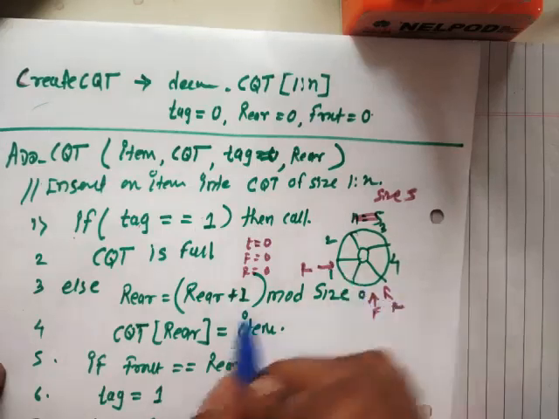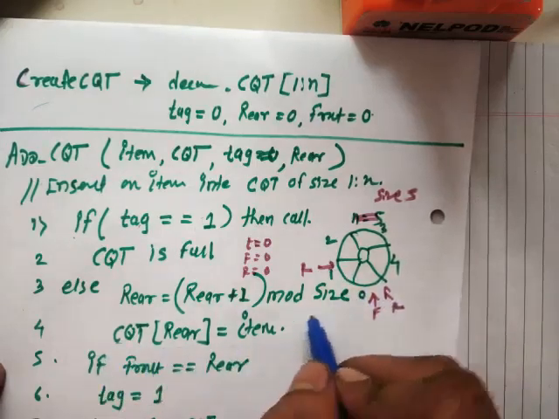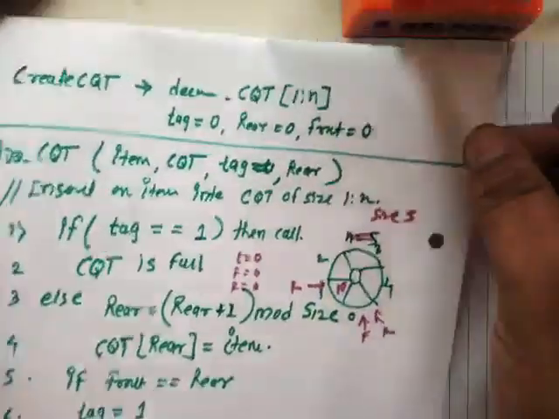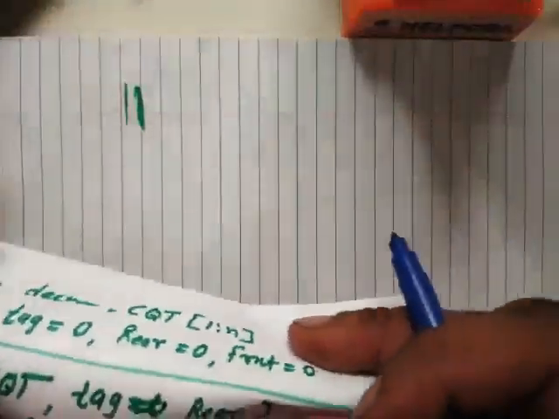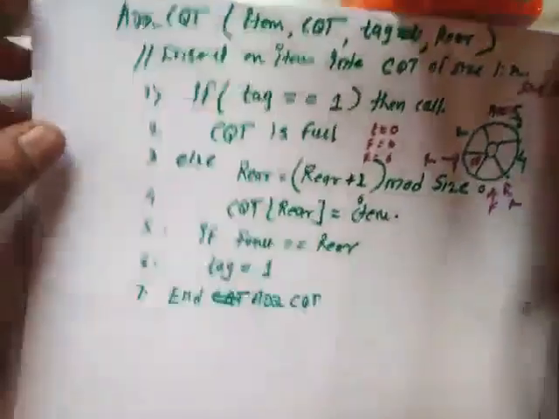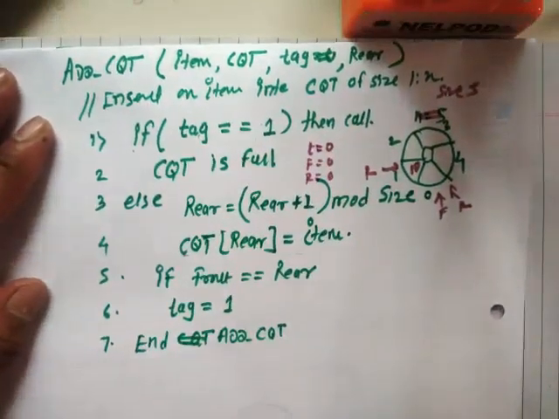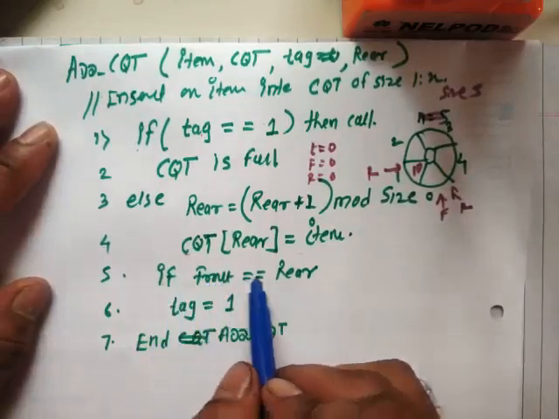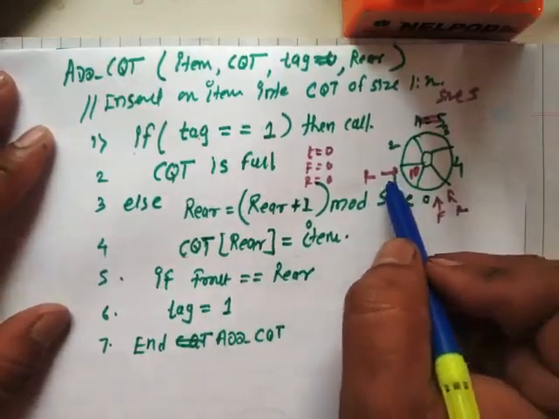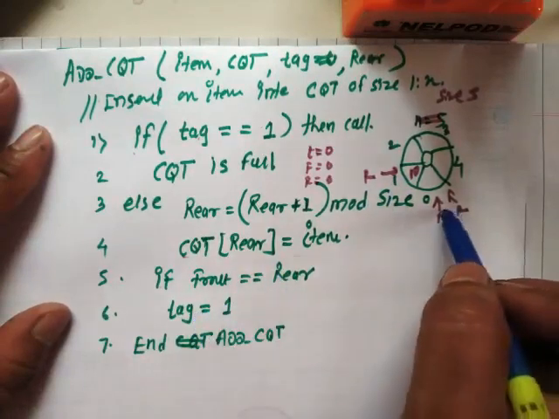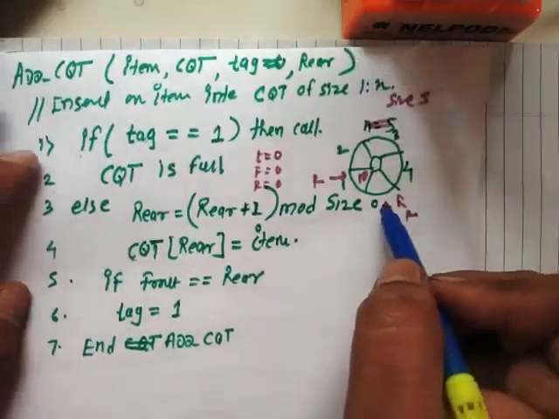At index 1 we insert the element, that is 10. Then we check if front is equal to rear. The value of rear is 1 and the value of front is 0, pointing to index location 0.